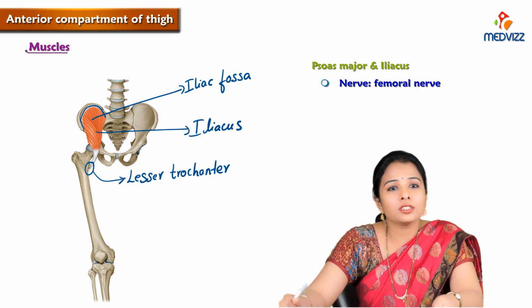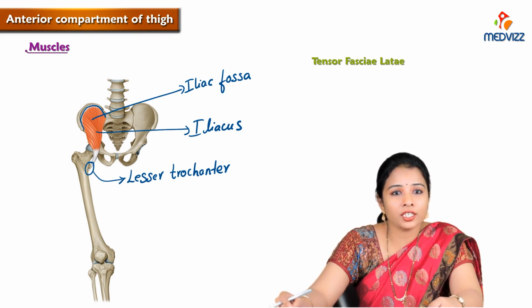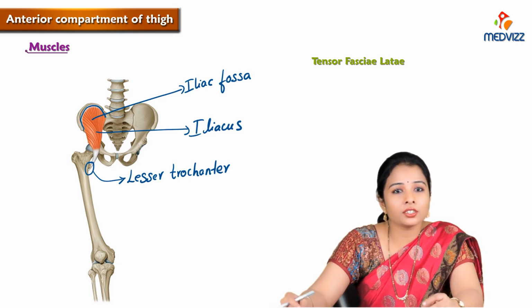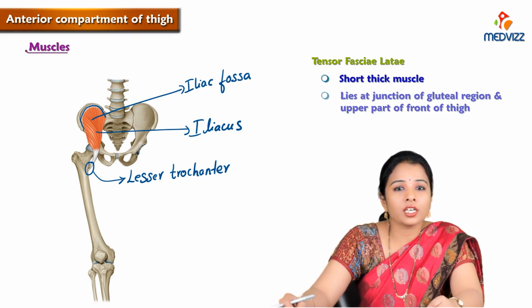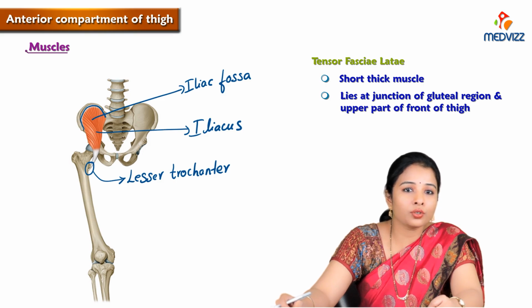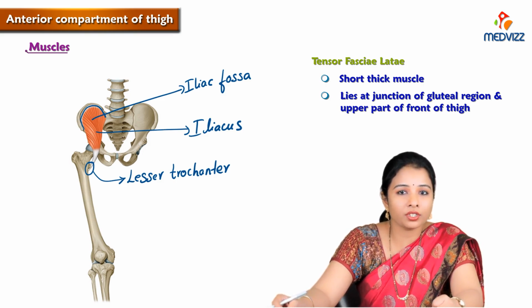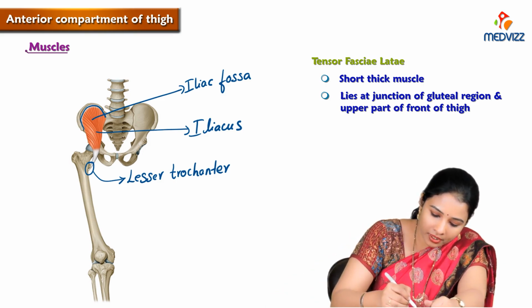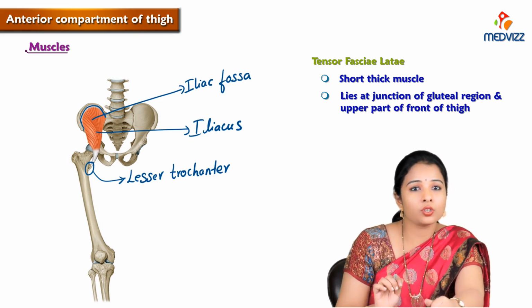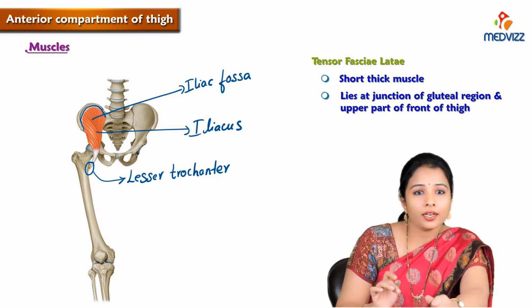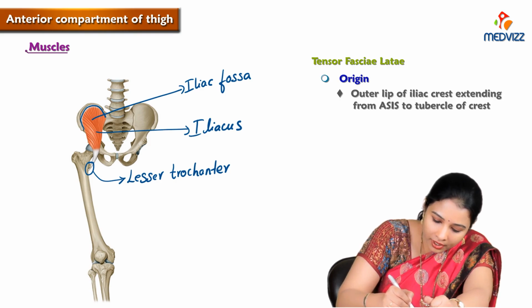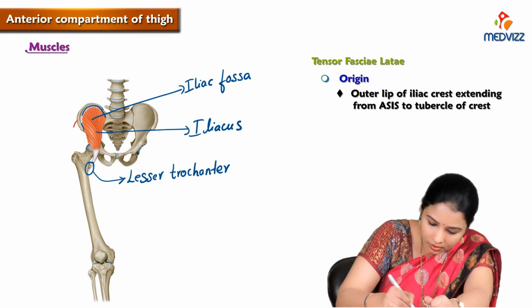There is one more muscle called tensor fascia lata. Tensor fascia lata is a short thick muscle which lies at the junction of the gluteal region and upper part of the thigh. So some people consider it as under the gluteal region also. Tensor fascia lata gets origin from the iliac crest here.